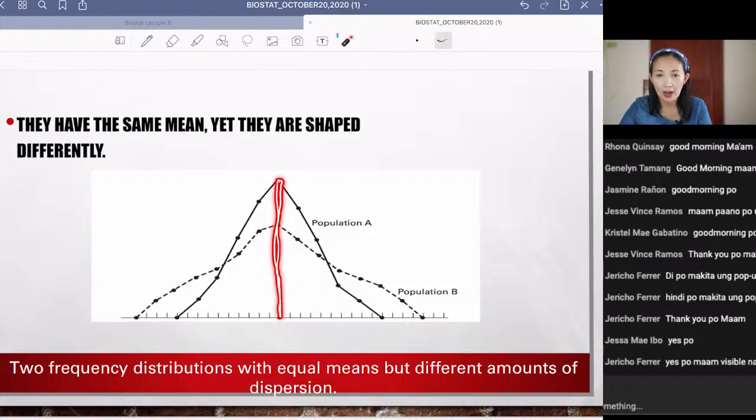If I would ask you which of the two populations is more homogeneous, with scores closer to the mean, look at the size of the graph. That would be population A. Population B is more scattered.